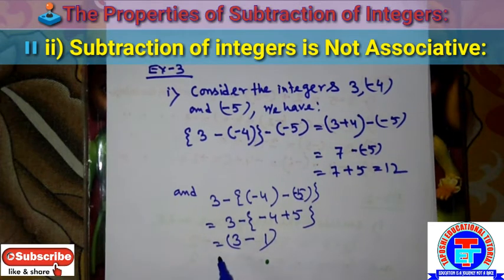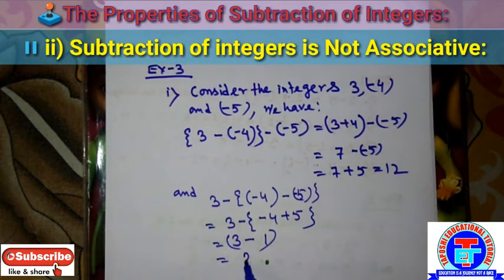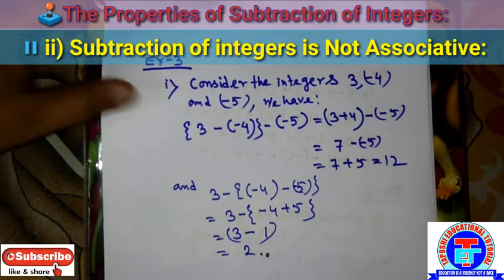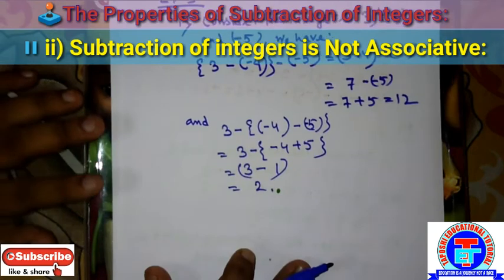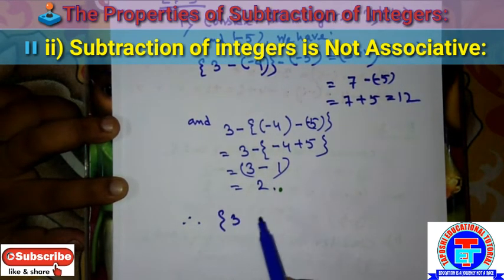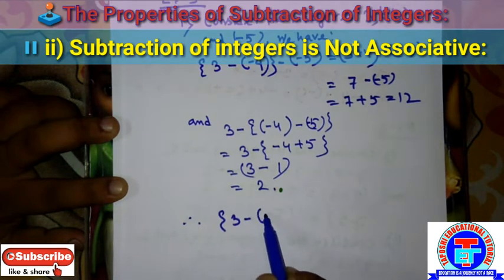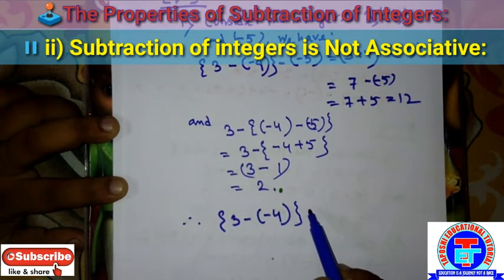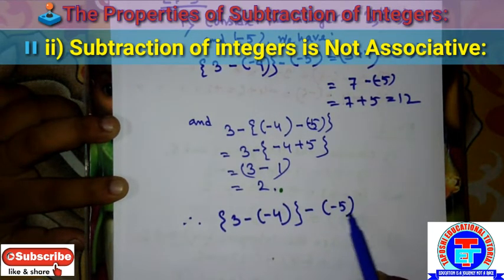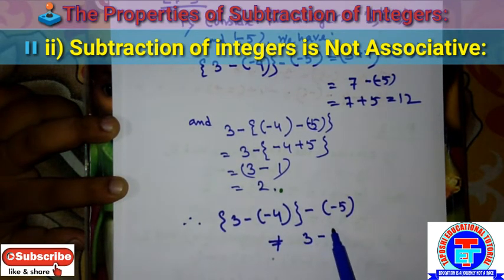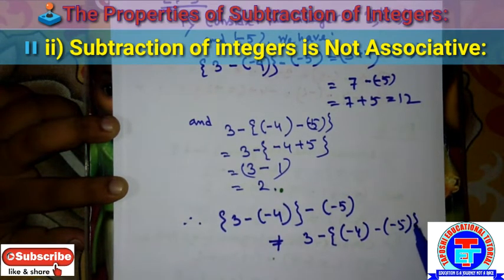So we can write this one became 2, right? So therefore we can write 3 minus 4 curly bracket minus 5 not equal to 3 minus curly bracket minus 4 minus 5 curly bracket close.